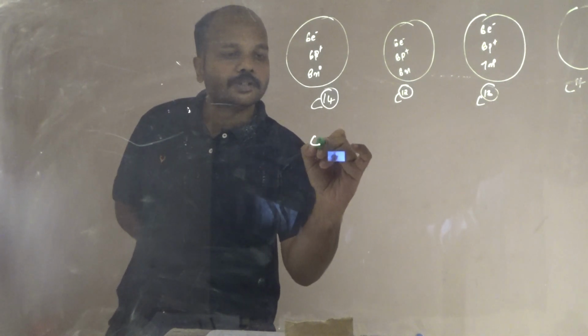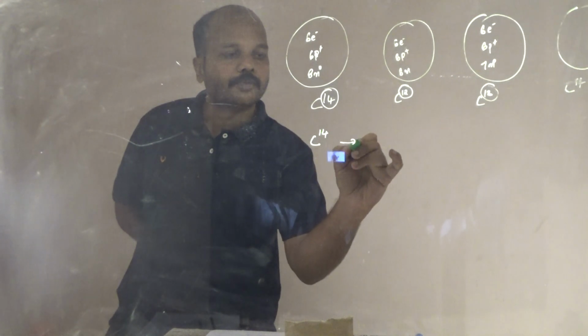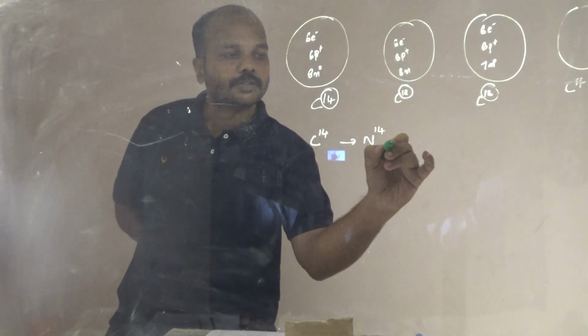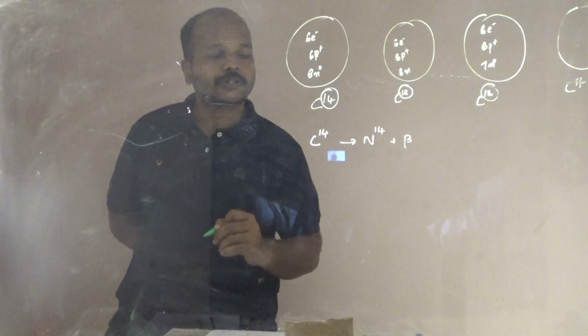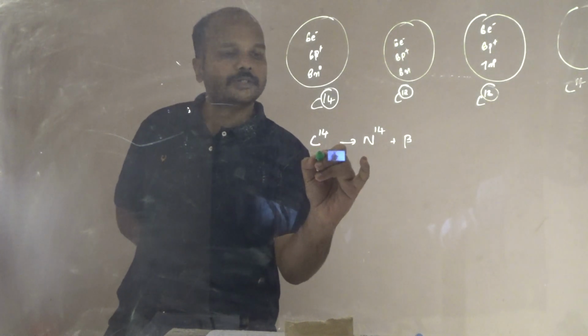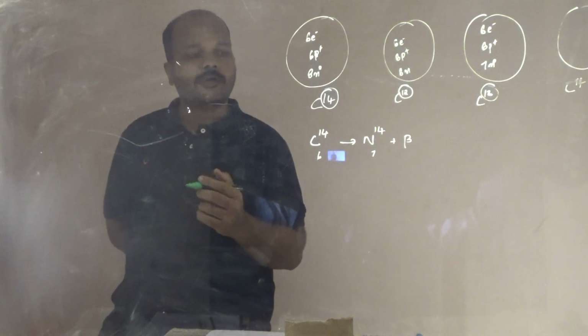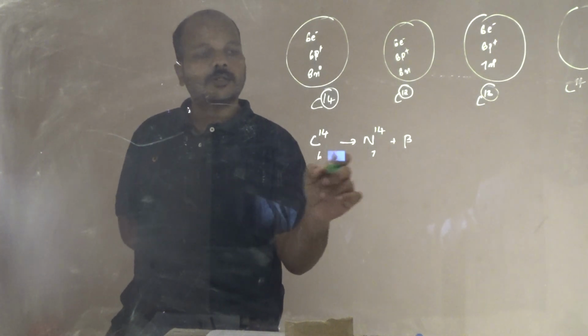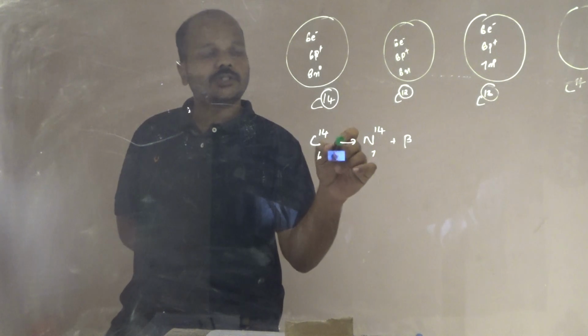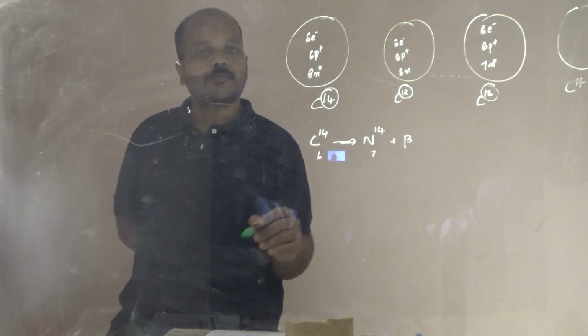After some time, C14 decomposes into N14 plus beta particles. Here it is 6, and here it is 7, due to the loss of electrons. This is the decomposition reaction.